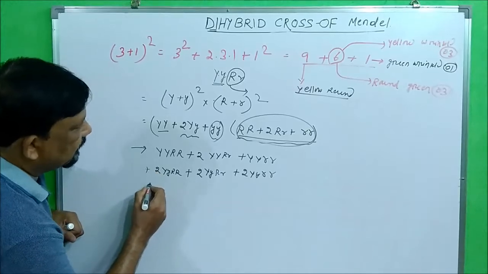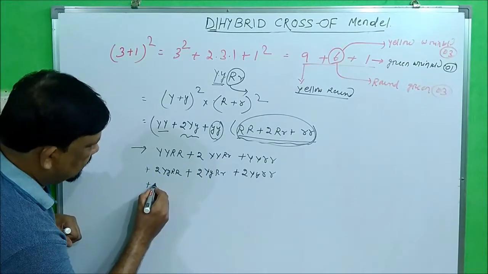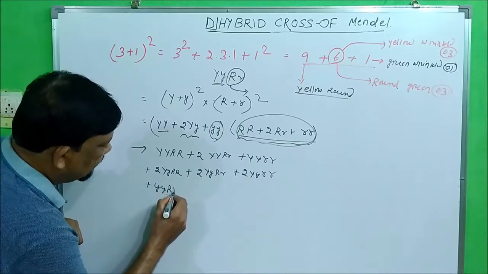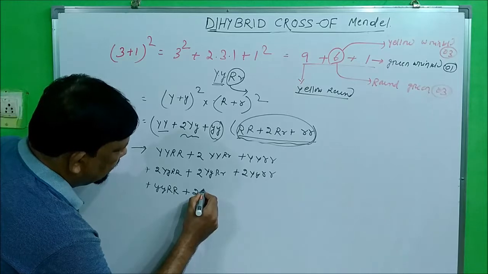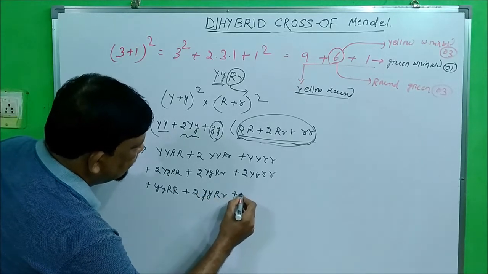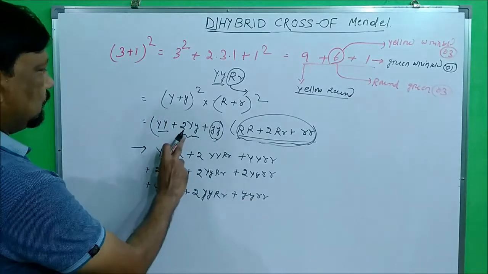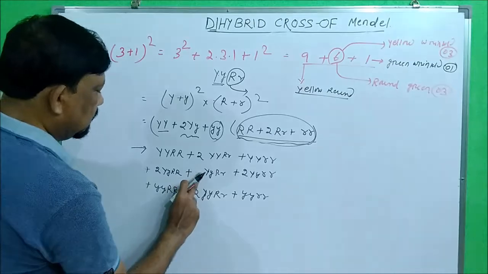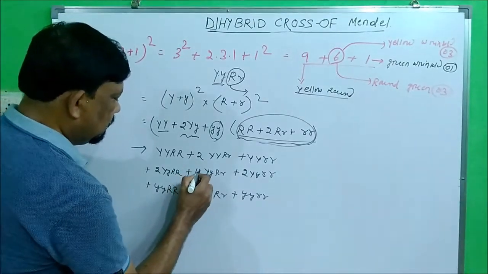This is also plus, plus small y, capital R plus 2 small y, capital R plus yyRr. 2 into 2 is 4.